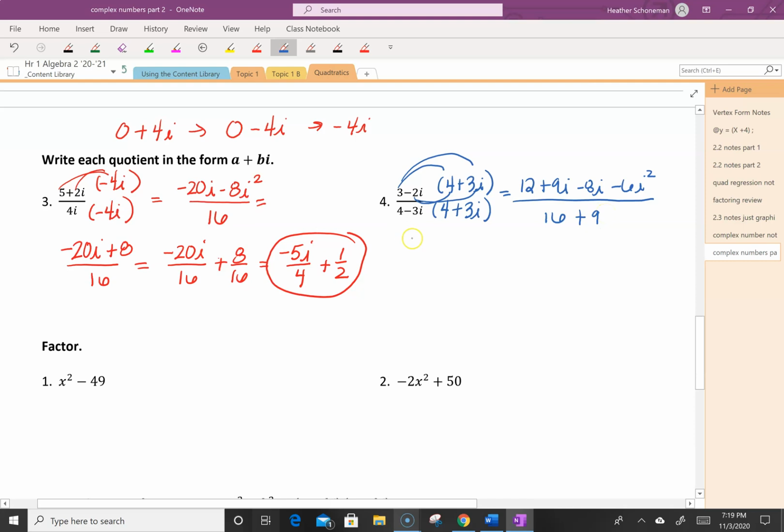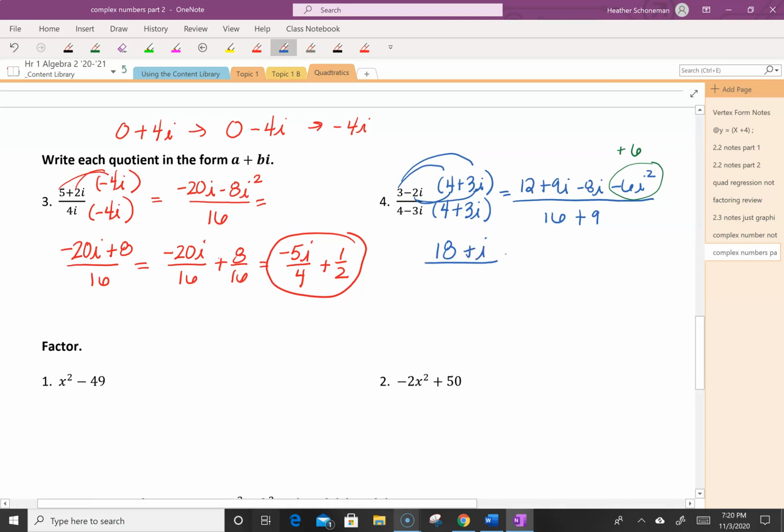Now I need to simplify. Let's see if we can simplify a little bit more together. Negative 6i squared is really positive 6, right? So now when I go to simplify this, 12 plus 6 is 18. On the bottom, or excuse me, continuing on the top, 9i minus 8i would be plus i.